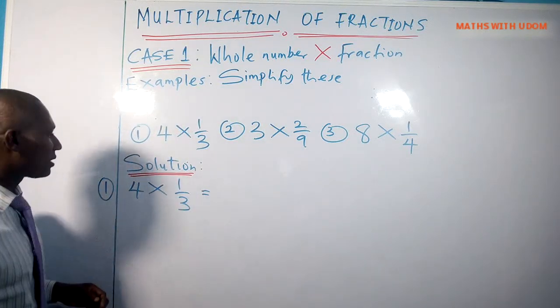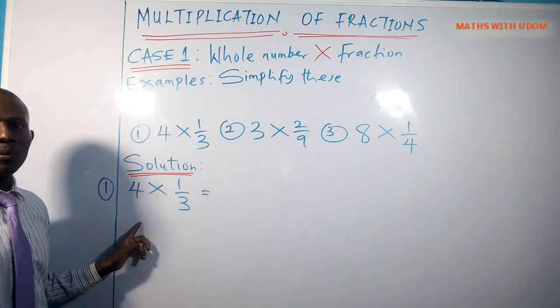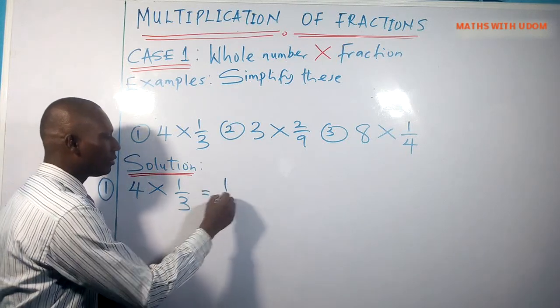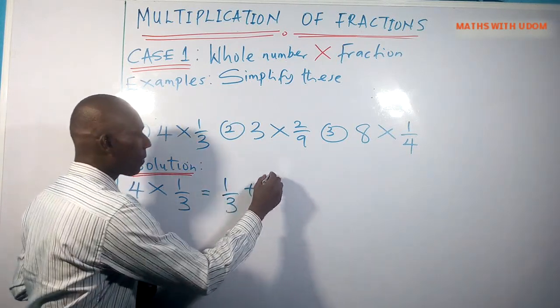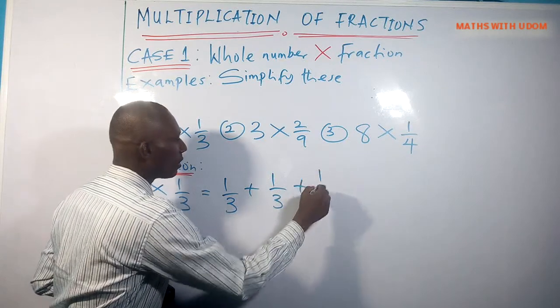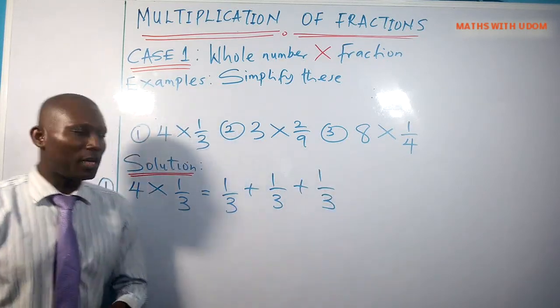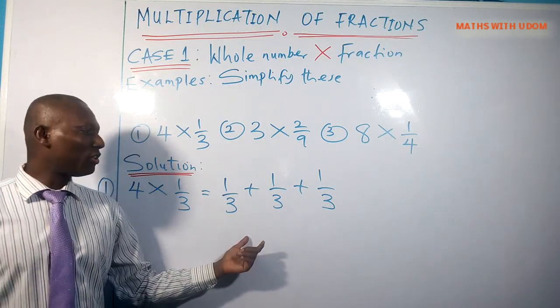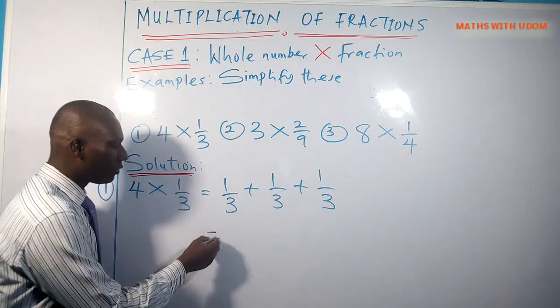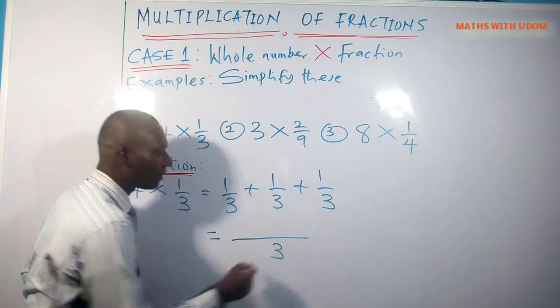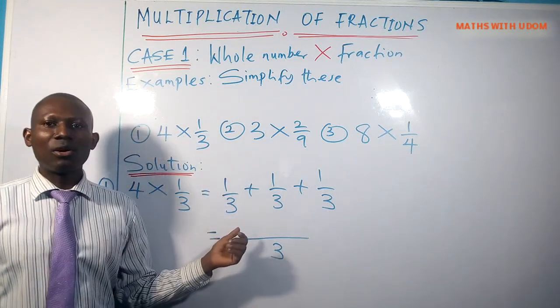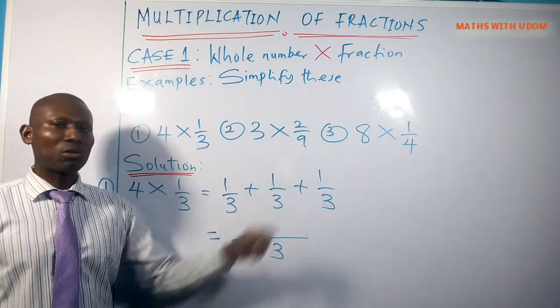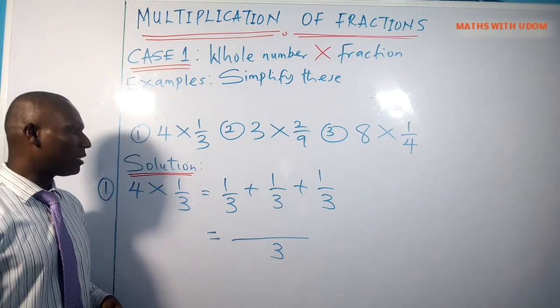So what does this mean? It means 1 over 3 in 4 places. So we have 1 over 3 plus 1 over 3 plus 1 over 3. Whenever you have fractions with the same denominators, all you need to do is pick one of the denominators, 3, and then add all the numerators.